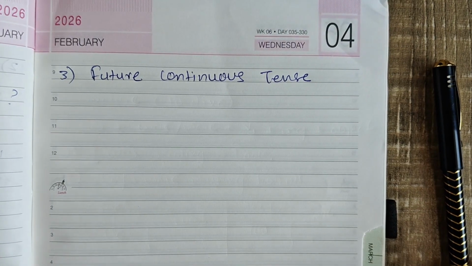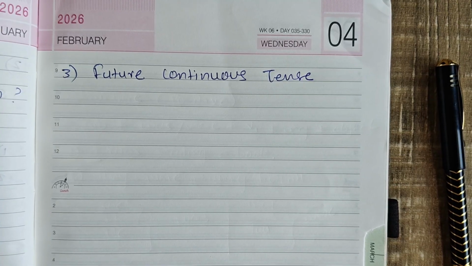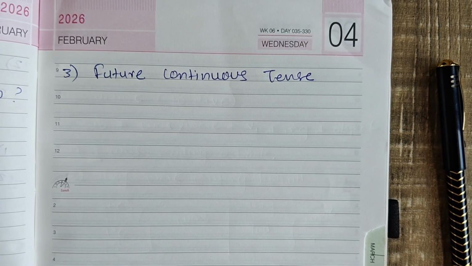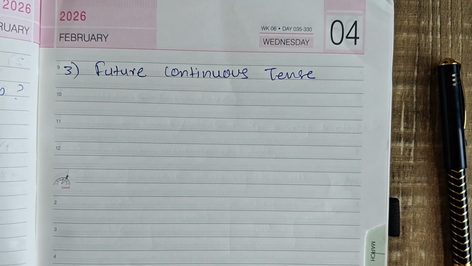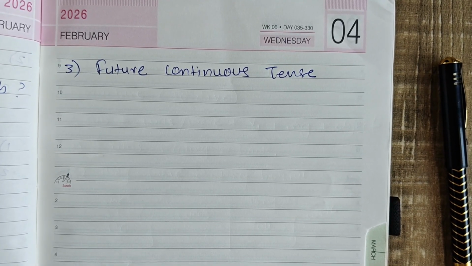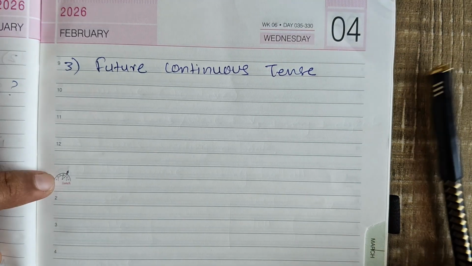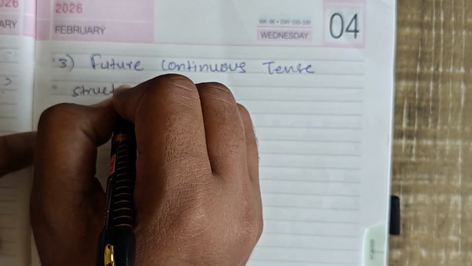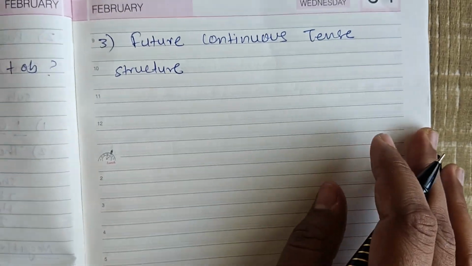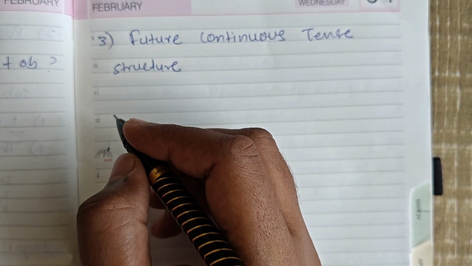It means the action will happen in the future, not in the past or present. First we will look at the structure, then we will see some examples.